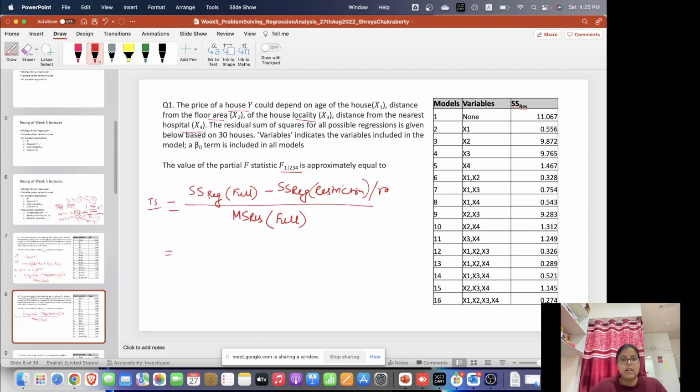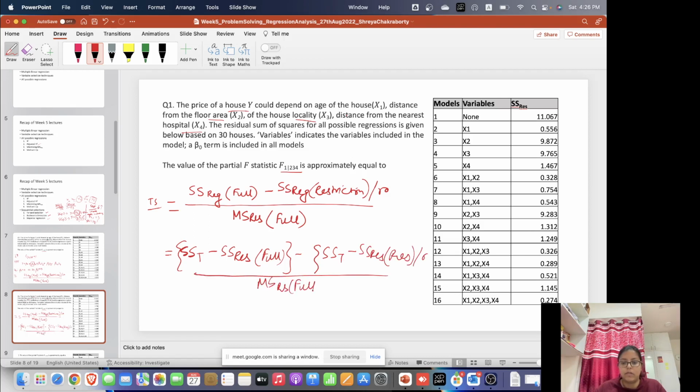So this regression, as you remember from the ANOVA table, can be written as the total sum of squares minus SS residuals from the full model, minus SS total minus SS residual from the restricted model, divided by the number of restrictions, by MS residual from the full model. So in this case, what will be my R?